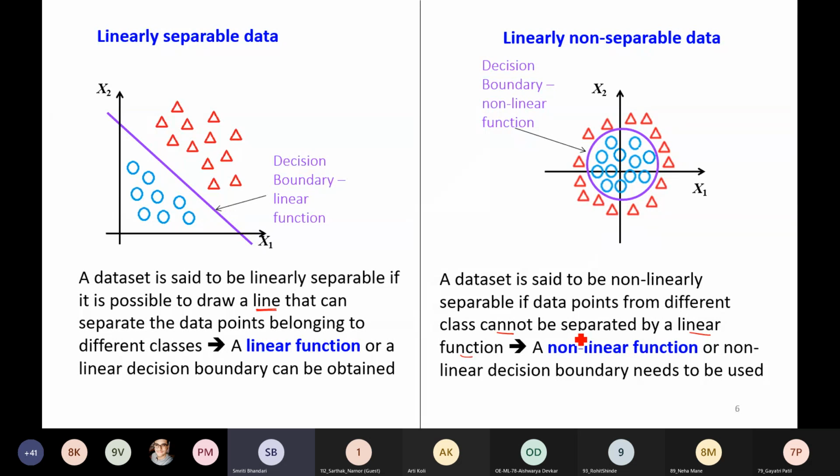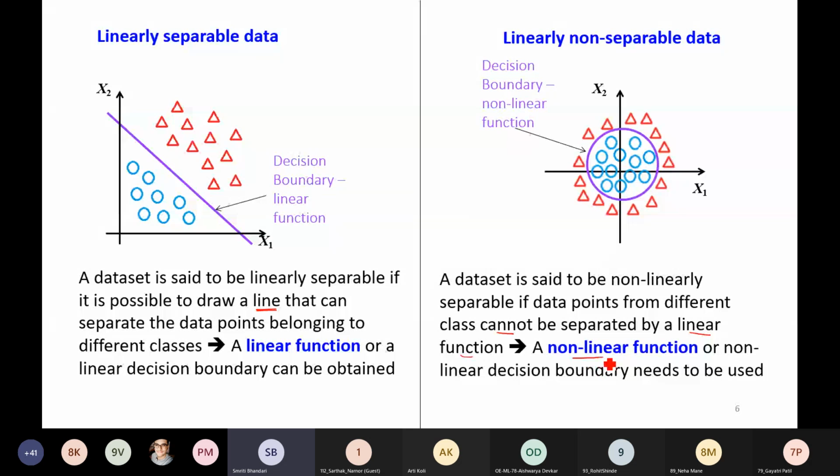And in such situations, we need to make use of a non-linear function or a non-linear decision boundary.